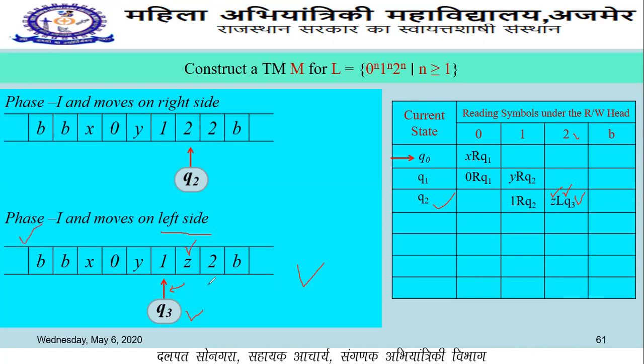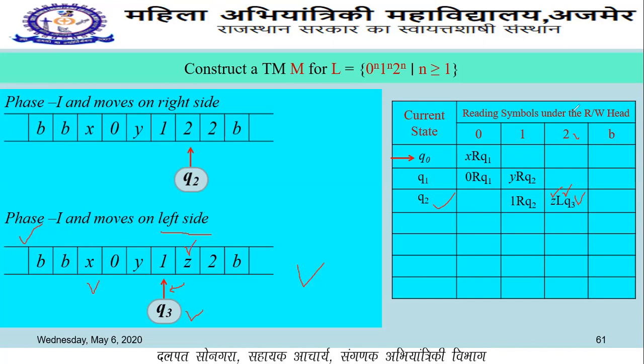In this phase, we now move to the leftmost side until we reach this x, indicating the left edge of the remaining string w, because the first element of w is this x. So we just take a left turn for all the situations.